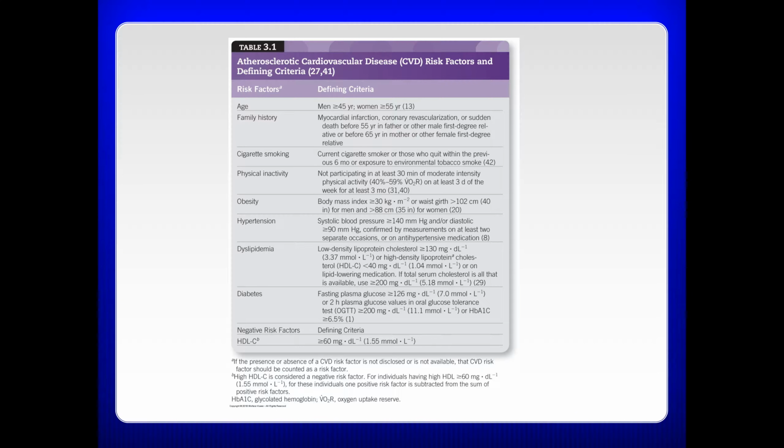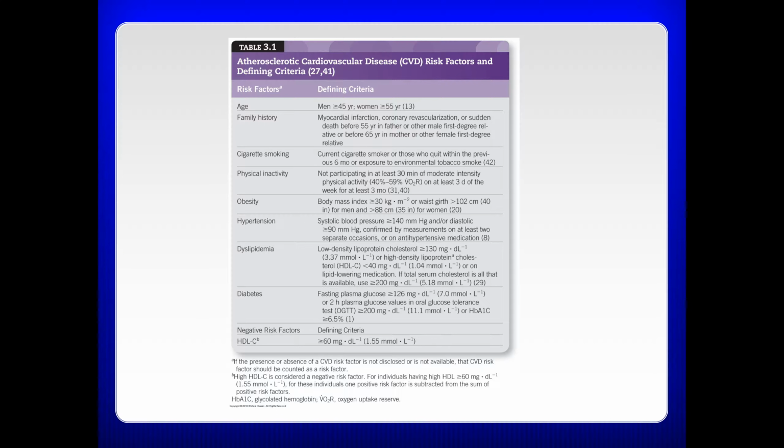So whichever number is higher, that's what meets the criteria. Also, if you're on any antihypertensive medication, so if you're on meds for blood pressure, you automatically have the risk factor.